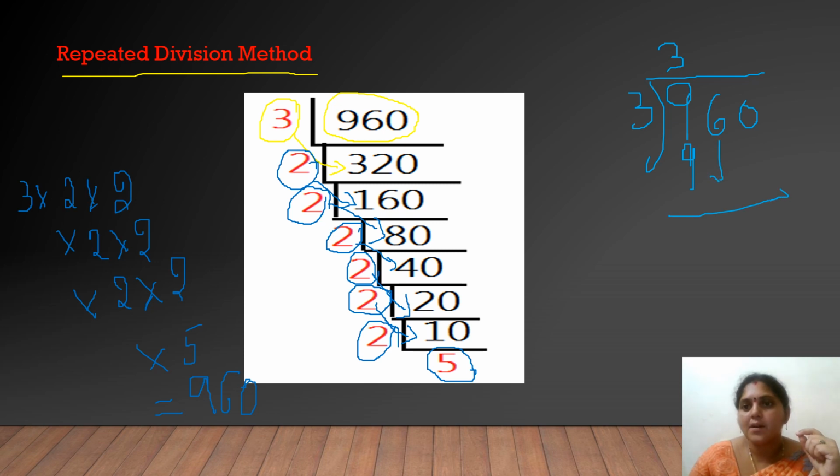Carry forward 6. 3 2s are 6. If you want to get this 0 down, put a 0 up. So what is your number here? 320. You got your number 320. In the same way, each number will be divided with the number we have taken on this side. Understand, Anna? This is how we are going to do our repeated division method.